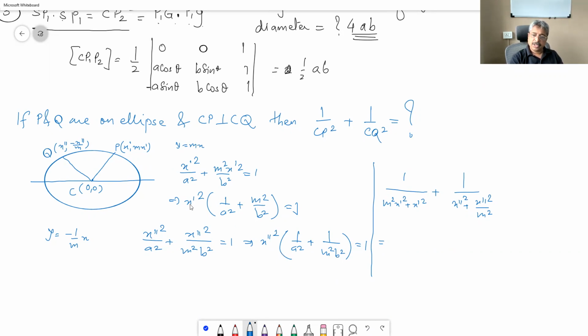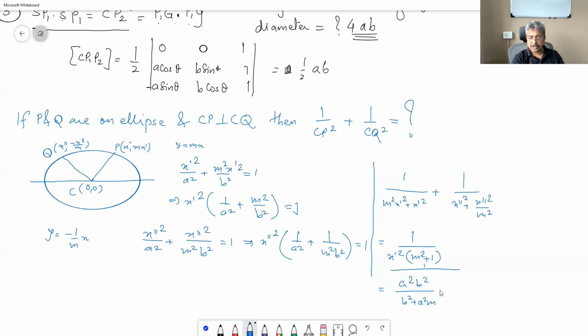So, one minute. Here I have x dash square, so I can do this: x dash square inside bracket m square plus 1. Suppose I put x dash square here as a square b square upon b square plus a square m square.